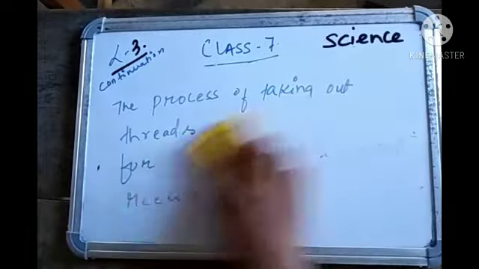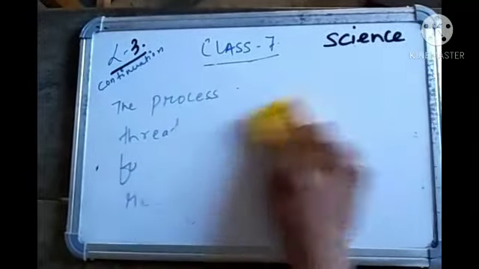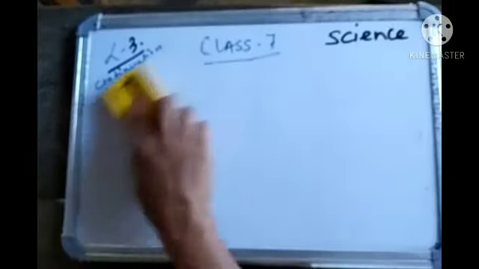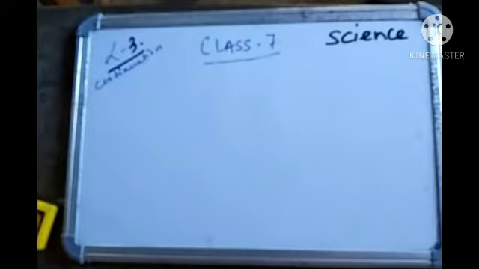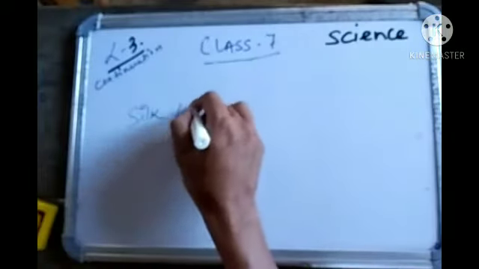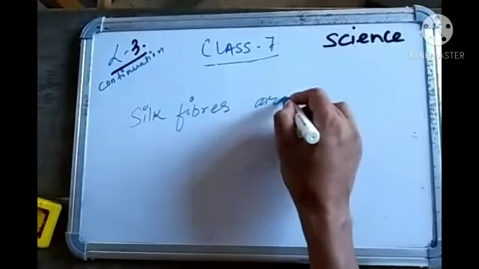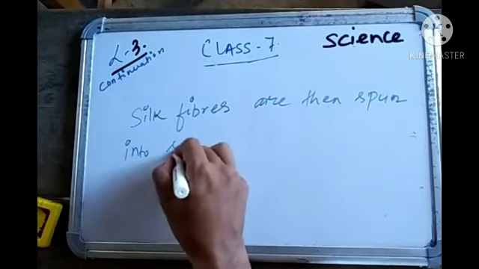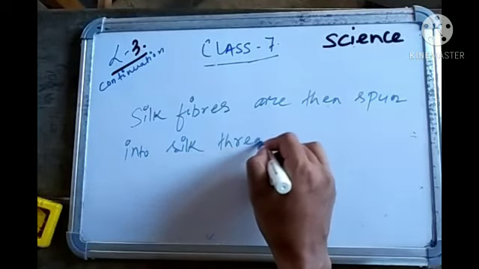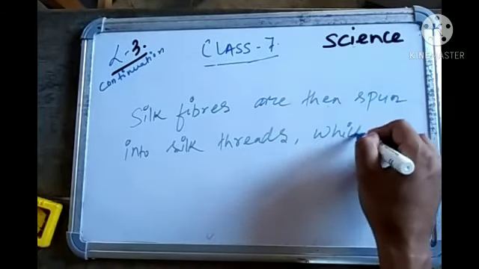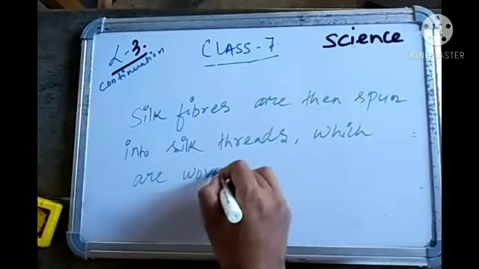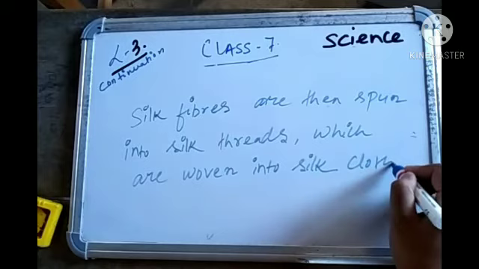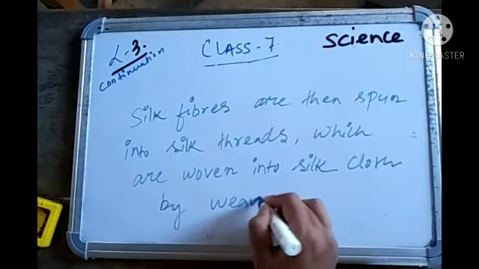So reeling is done in special machines. The silk fibers obtained are then spun into silk threads, which are woven into silk cloth by weavers.